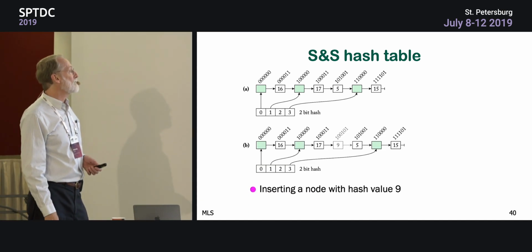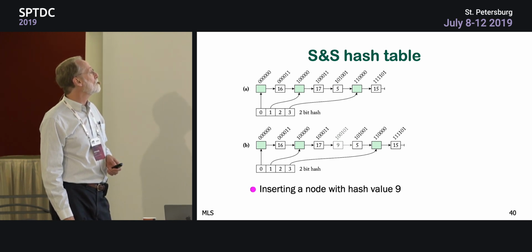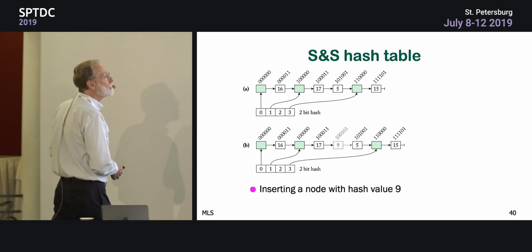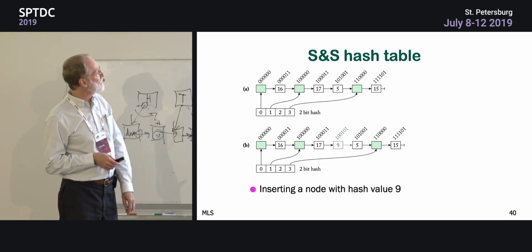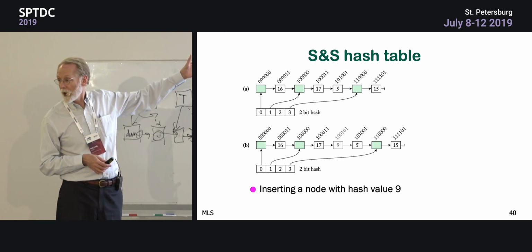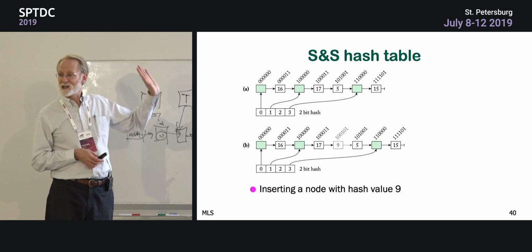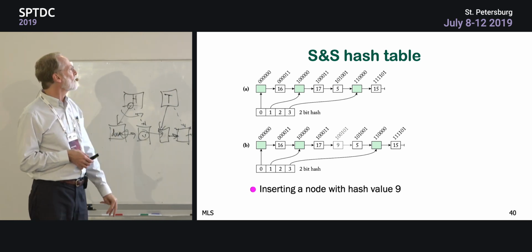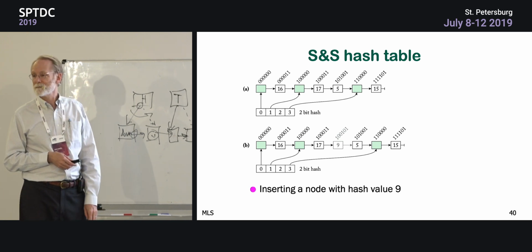So let's insert a new node. This is going to have the hash value 9. And I've shown that in light gray. It's got the low order bit of 1 to indicate that it's a data node. And then we have 0, 1, 0, 0, 1, which is 9 for the hash value. And that gets inserted in standard numerical order in between the nodes with hash values 17 and 5.